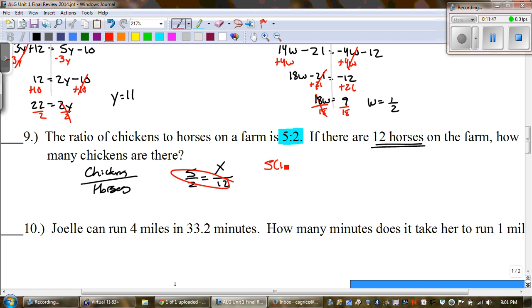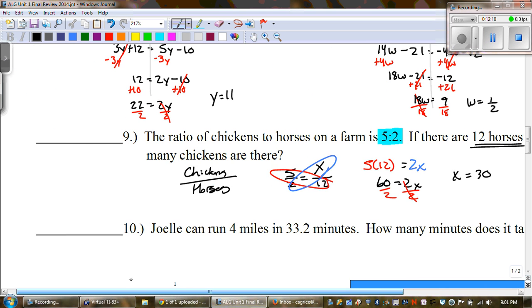We have 5 times 12 equals 2x. So 5 times 12 is 60 equals 2x. Divide both by 2, and we get x equals 60 divided by 2, 30. And when we write our final answer over here, we want to know what are we talking about, and we're talking about chickens.